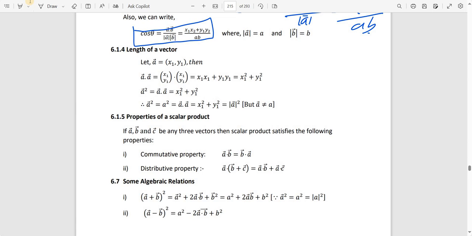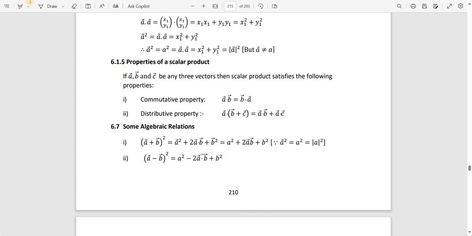A square equal to A vector into A vector, which is equal to x1 square plus y1 square. So A vector square equal to A square equal to A into A equal to x square plus y square.